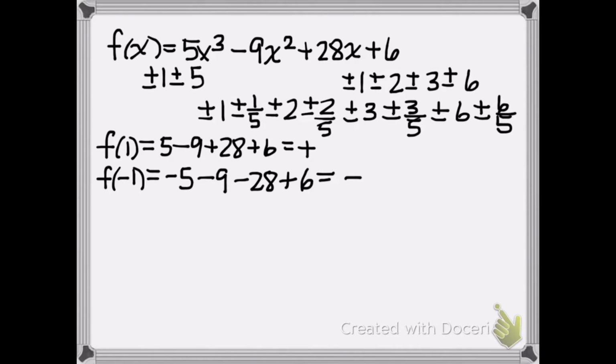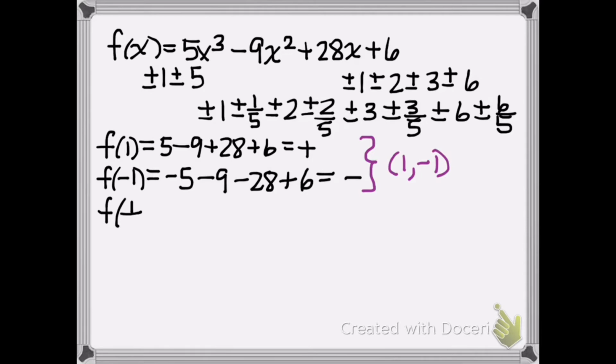So right here, reflecting back to our use of the intermediate value theorem in the past, we can see that going from positive to negative, there has to be a 0 on the interval between 1 and negative 1. That could be useful.